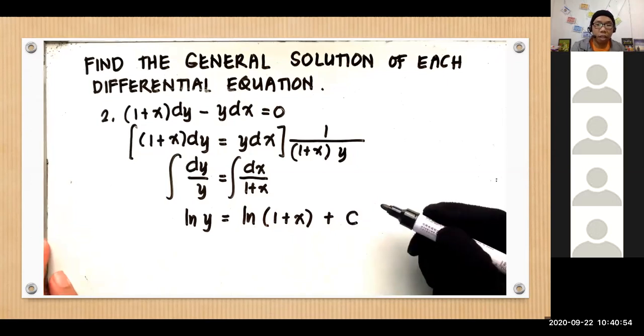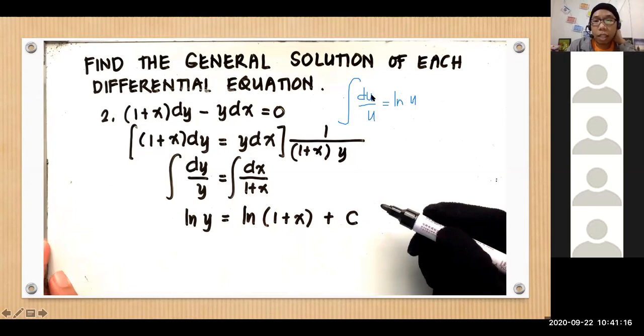Okay, so before that, let's just recall yung formula na yun sa integral. Remember the integral of du over u is equal to what? ln of u, plus c. Ganun gagawin mo.